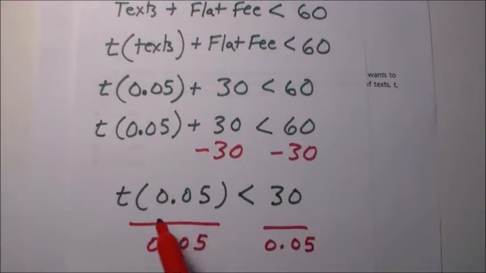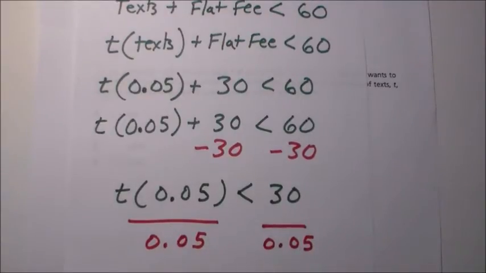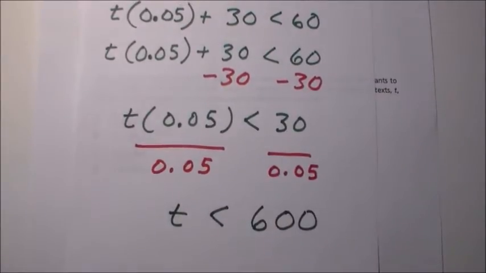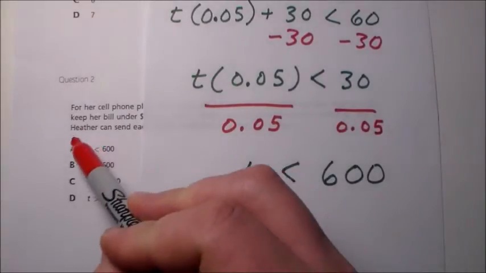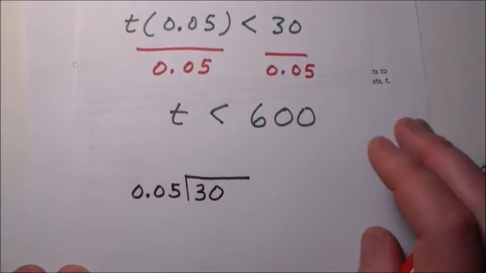Remember, T times a number divided by that same number will just give me T times 1, or just T by itself. And whatever I do to one side of the equation, I have to do the same thing to the other side. And what do I get? I get T is less than 600. That's my answer. We can do it out longhand too, just as a review.